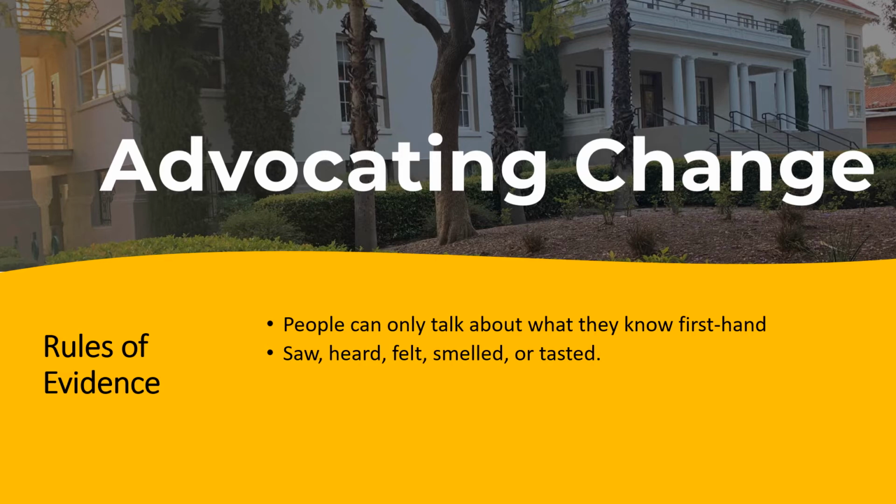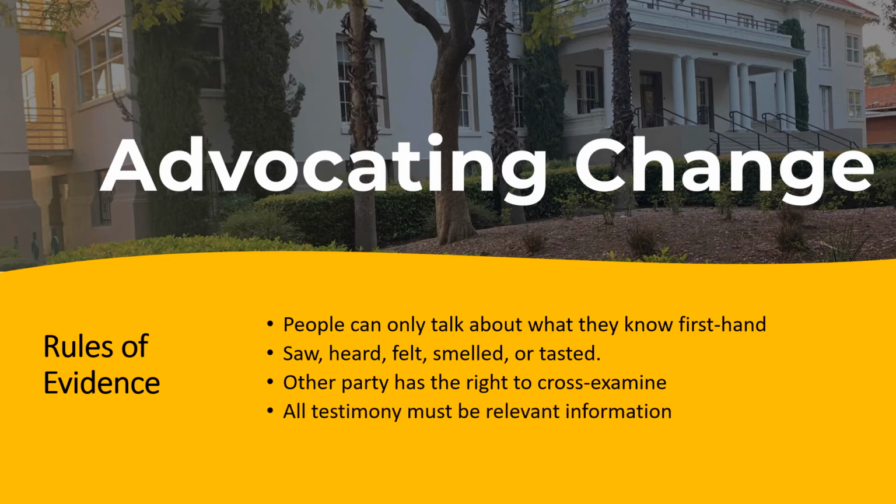There are some exceptions to this rule. Understand that the other party has a right to cross-examine anyone whose words, whether written or spoken, are being considered. All testimony must be relevant information.